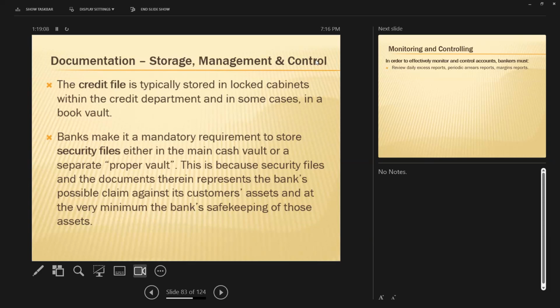Some banks call it facility letter, some call it a commitment letter. Some use one when they issue it, so they'll call it, this is our facility letter. Once it's signed by the customer, they change the word to commitment letter because the customer is committed. But either one is used interchangeably. Facility letter, commitment letter.